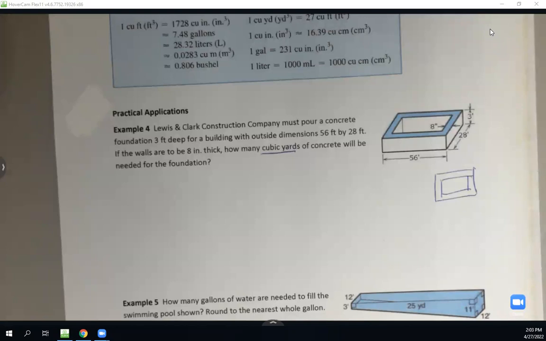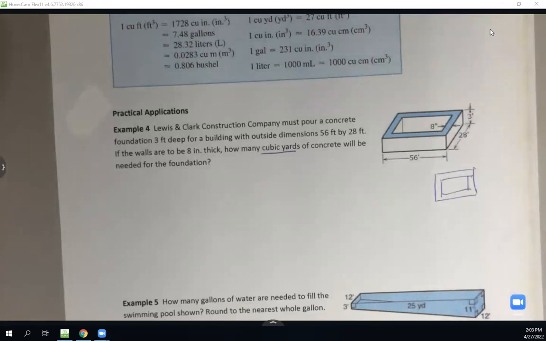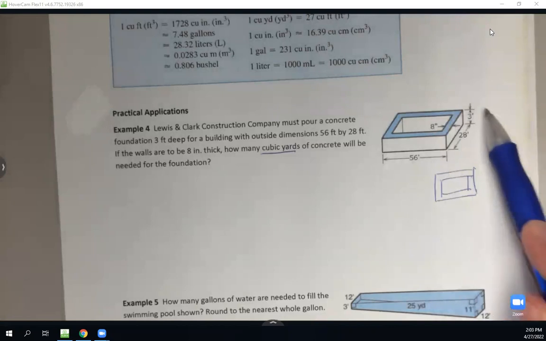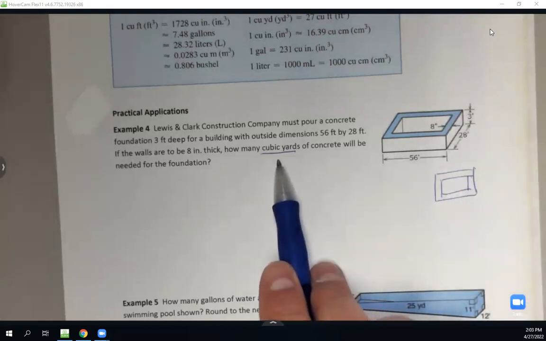But if I'm going to find the volume, then I've got to decide what units I'm going to use. And since almost everything here is in feet, probably the simplest thing for me to do is to find the volume in cubic feet, and then once I know that, convert to cubic yards.